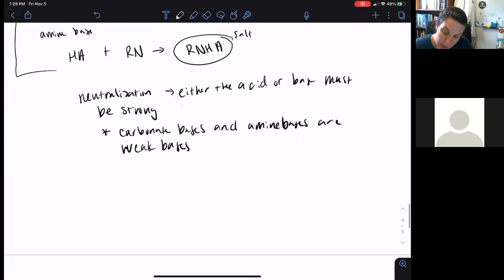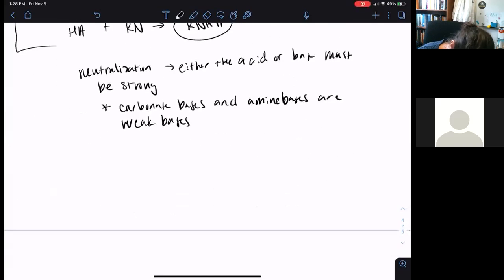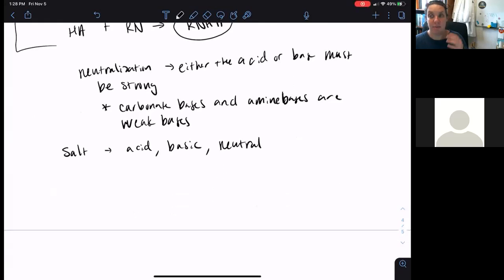Okay, our salt can be acidic, basic, or neutral. Keeping in mind that the conjugate of a strong acid or a strong base is a very, very weak conjugate base or conjugate acid.